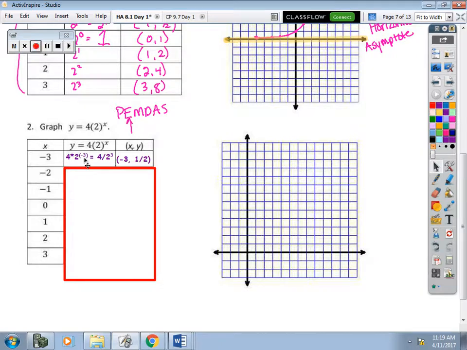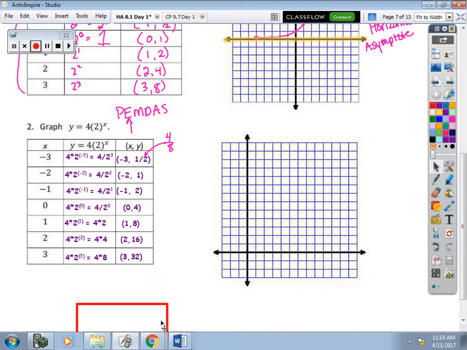Make sure the only thing that you're moving to the denominator is 2 to the third. So it would become 4 over 2 to the third. And then you would evaluate 2 to the third, which would be 4 over 8, which then becomes 1/2. So see if you guys can complete that. And then graph it. You will need to scale your axis once you're done, because you'll see what your highest y value is, and you'll need to be able to fit that on your graph.